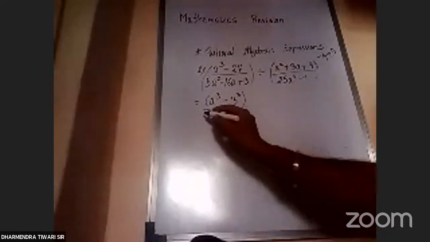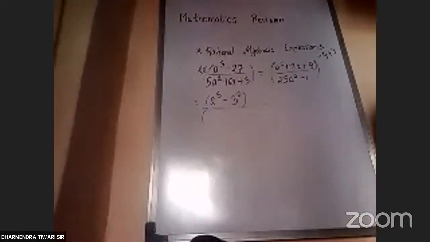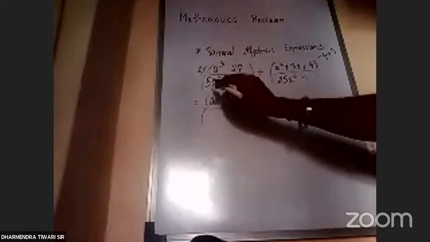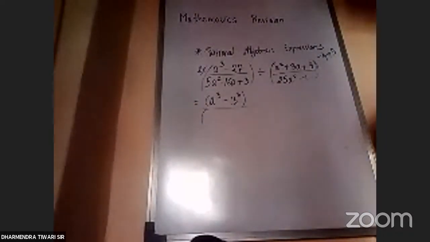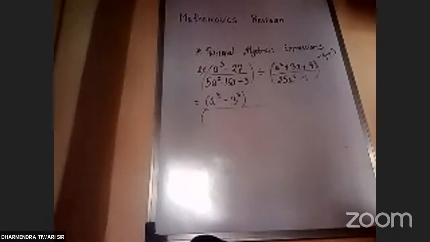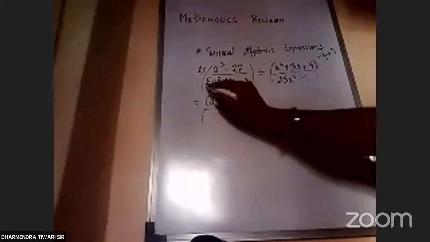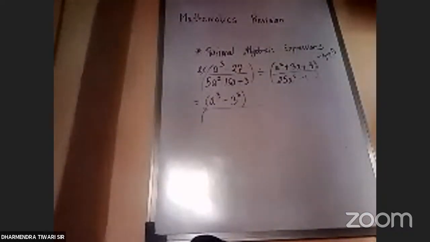Now we have 5 as the coefficient of a square, means a quadratic in which 1 is not there. So we have to do 5 3s are 15.